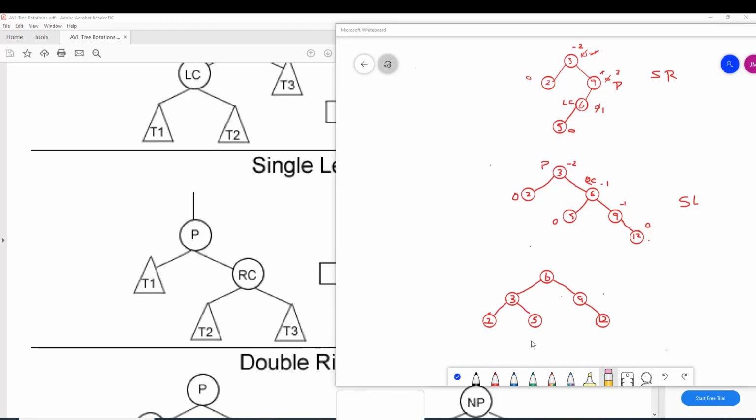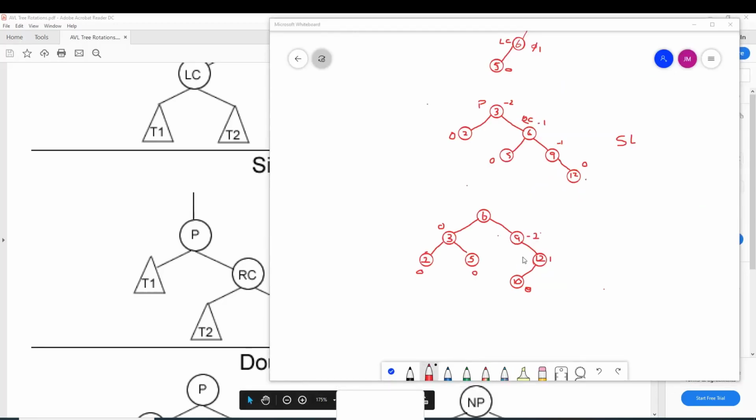And the next thing to go in is the number 10, which is going to go in to the left of the 12. I put in the number 10 and I did the balance factors. It's only really necessary to do the balance factors up the tree to the root from the node that you just put in.